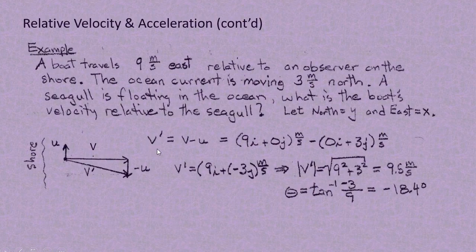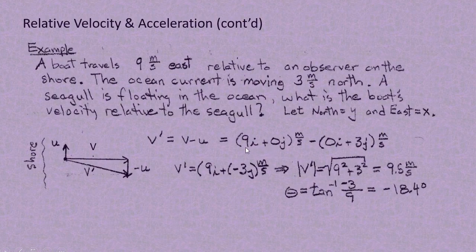So we know from our equations on the previous slide that v prime is equal to the velocity from the stationary observer's point of view minus the velocity of the seagull relative to the stationary point of view. So we can go ahead and write that. We're going to write the velocity vector from the stationary point of view for the boat.